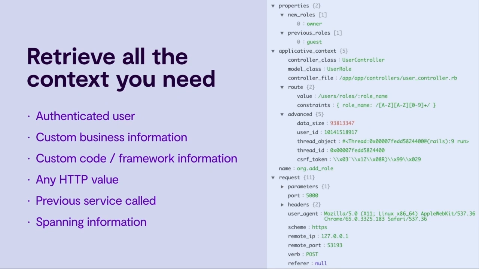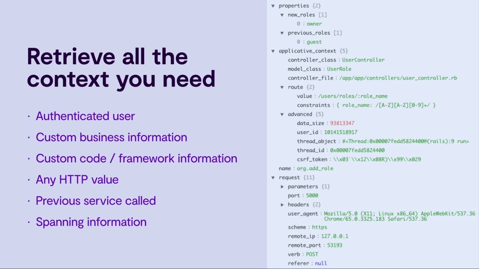Like, is the user authenticated here? When I am tracking a specific call to a sensitive business function, I can have this information since I'm inside the application. I can get custom business information. If someone is ordering a pizza, I can get the pizza ID, I can get the store ID. But yes, probably it's all in my code at this point.